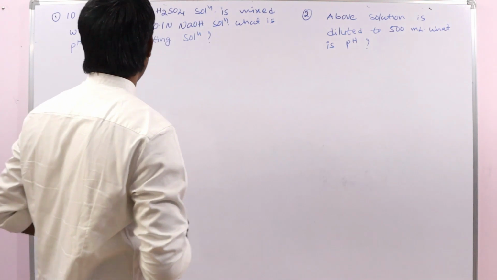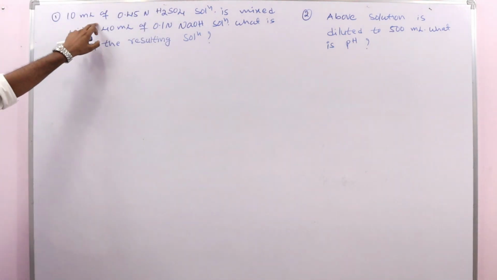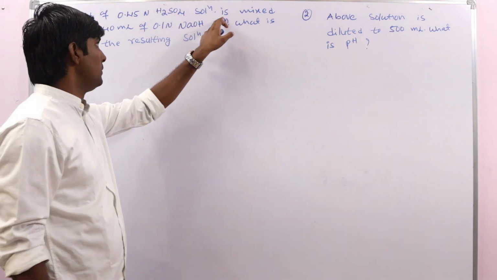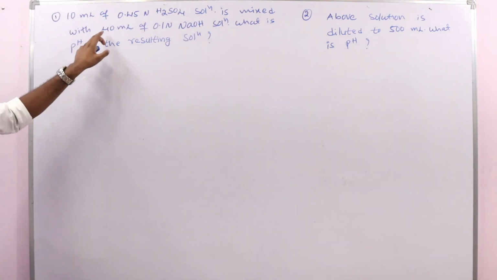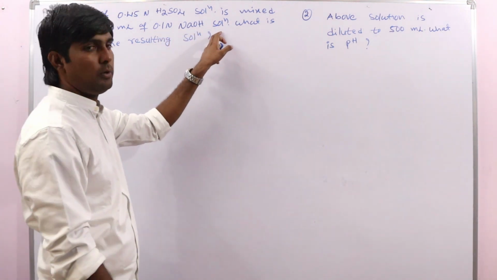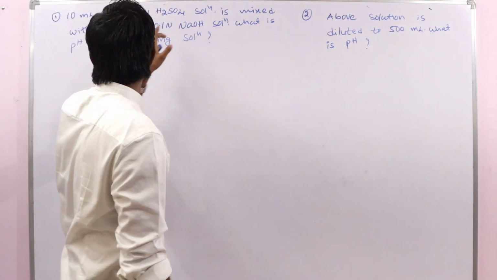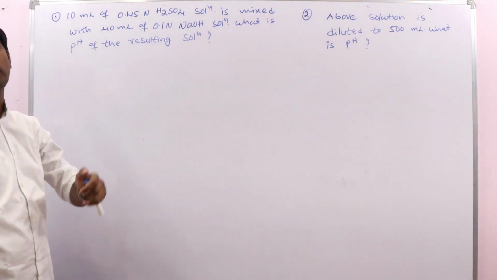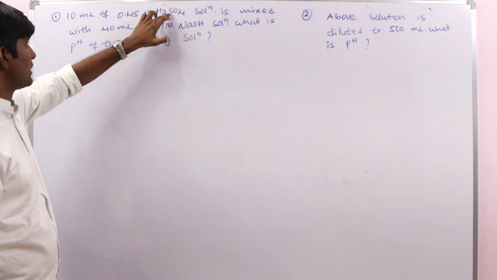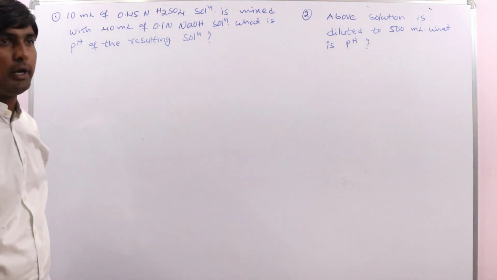So the first one is: 10 milliliter of 0.45 normal H2SO4 solution is mixed with 40 ml of 0.1 normal sodium hydroxide solution. What is the pH of the resulting solution? Here a strong acid and strong base are provided.